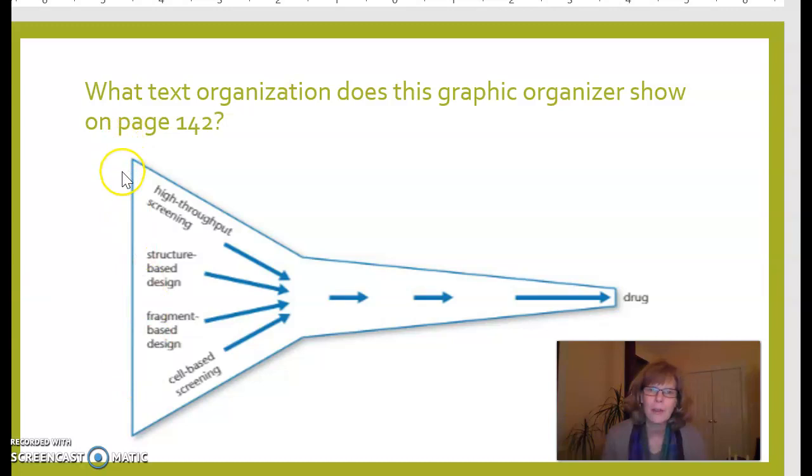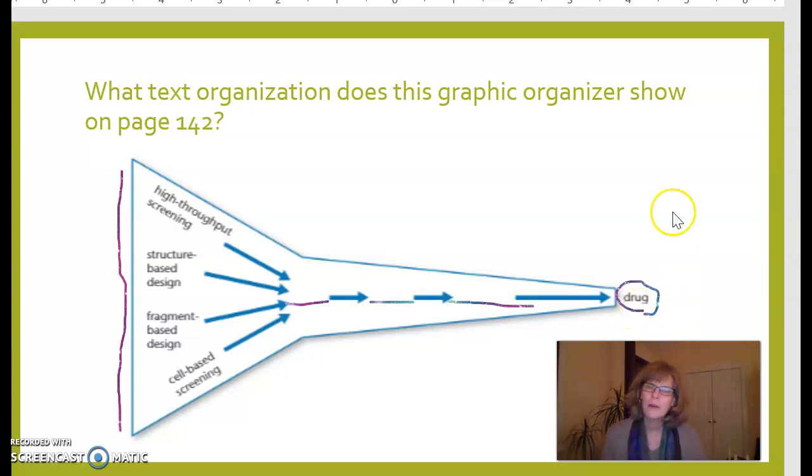It shows here how there are 4 different designs or approaches to finding drugs, and then all of them lead to something that leads to something else on until we finally get to a successful drug discovery, right? And so if I ask, what text organization does this graphic organizer show? This is a really nice summary of the whole article. What kind of organization is this showing?